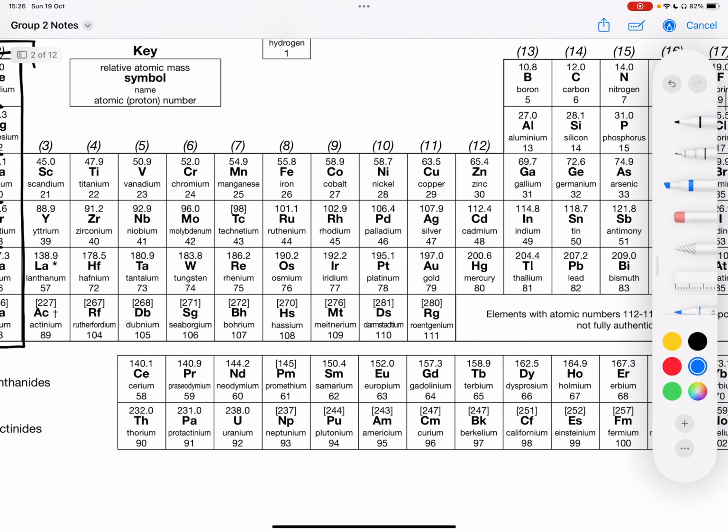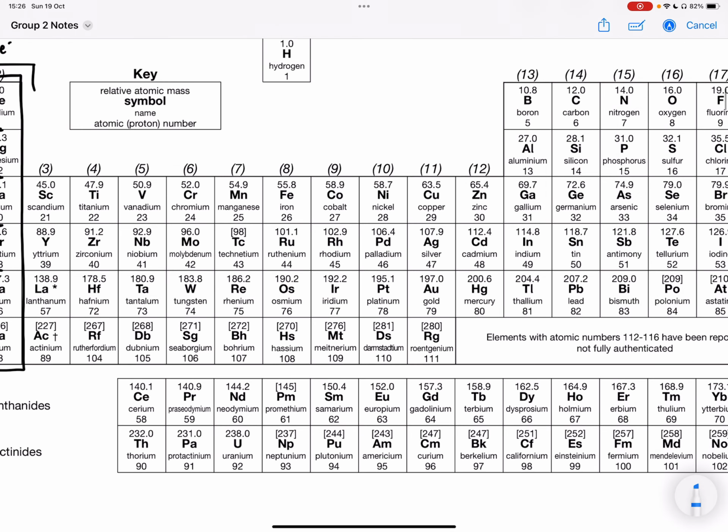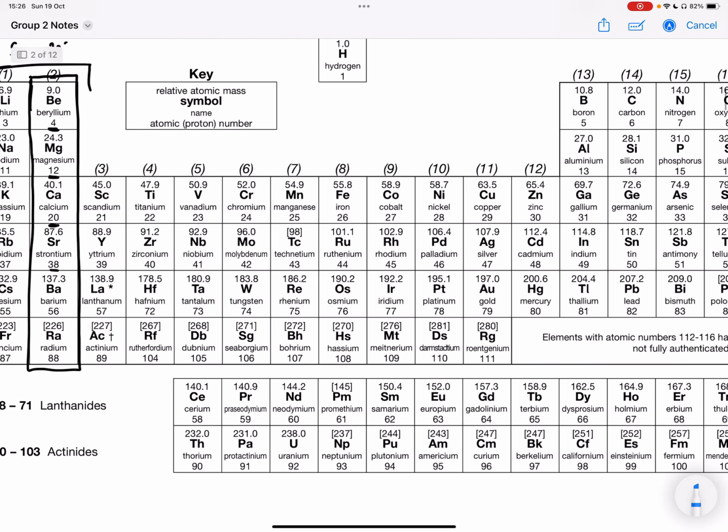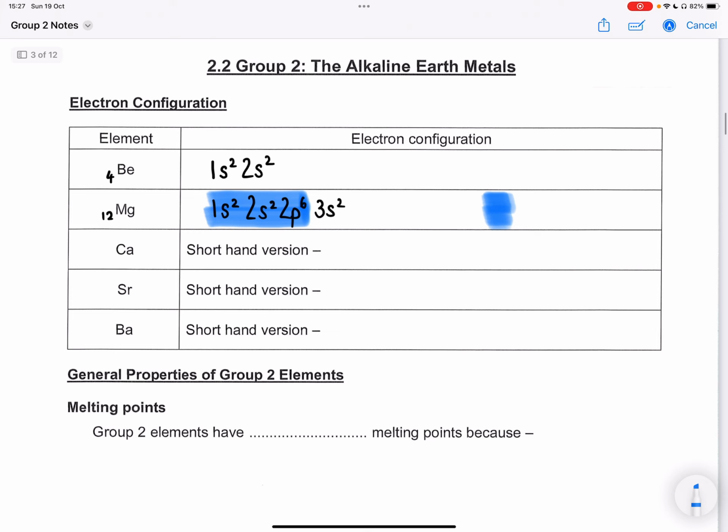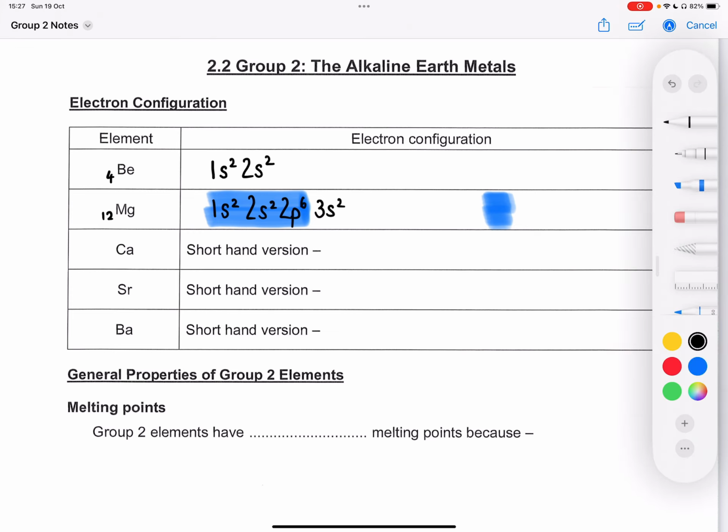If we go back up to our periodic table, we're looking at magnesium here, number 12, we go up a row to the noble gas that comes before, neon. Neon has 10 electrons. And so we're going to say that magnesium's electron configuration is the same as neon's with 10, and then we've just got the last little bit, 3s2.